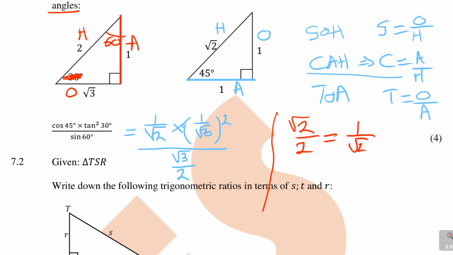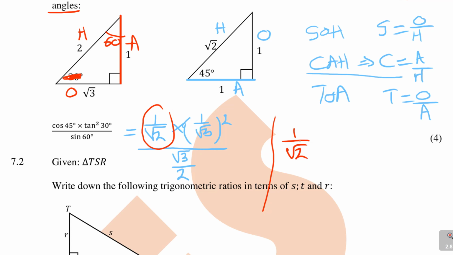Can you punch 1 over root 2? It's root 2 over 2. So this is what you do in the exam, how you trick us when we start marking. When you see cos 45, if the calculator says root 2 over 2, you write 1 over root 2. You see how you are tricking us?